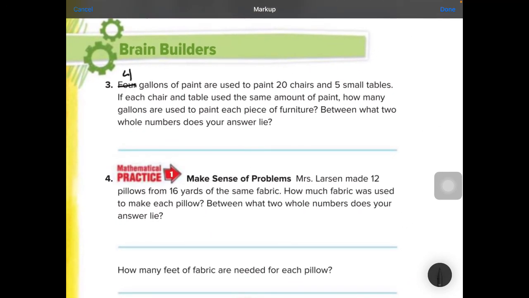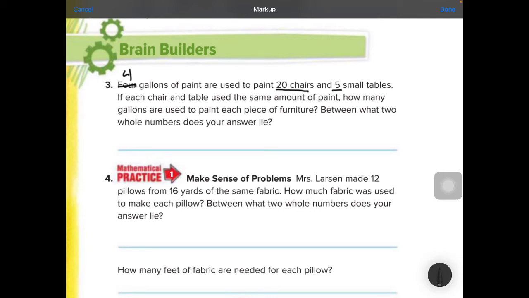Brain builder. 4 gallons of paint are used to paint 20 chairs and 5 small tables. If each chair and table use the same amount of paint, because in normal painting projects they don't, tables would use more, but for this one they both use the same amount of paint. How many gallons are used to paint each piece of furniture? Between what 2 numbers does your answer lie?